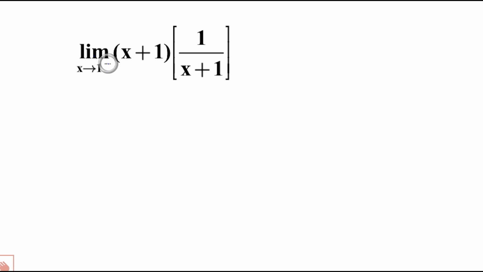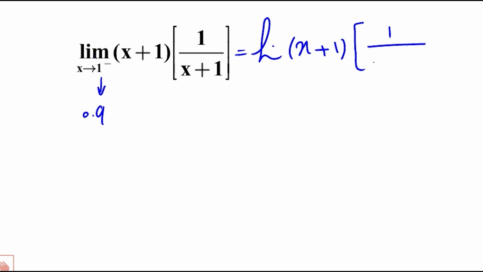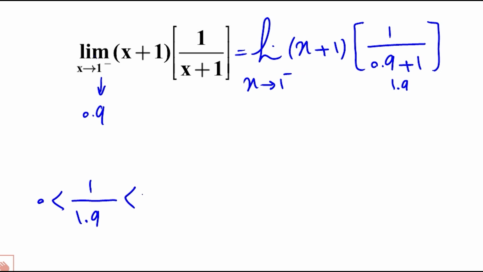If x is slightly less than 1, for example 0.9, and we plug in 0.9 for x, 0.9 plus 1 is equal to 1.9, and 1 over 1.9 is a number between 0 and 1.